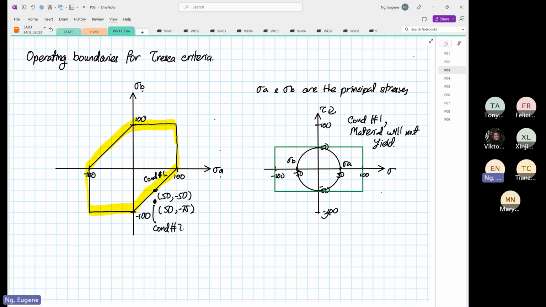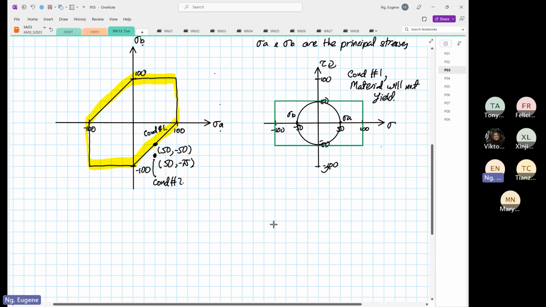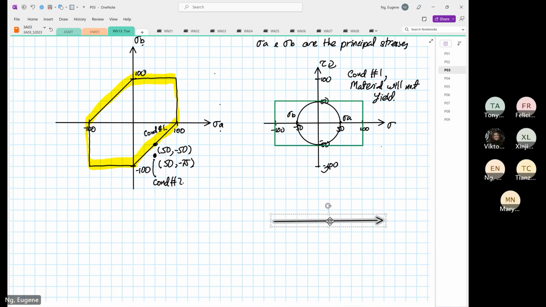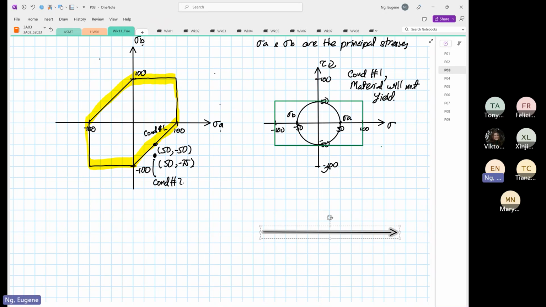So what you see now, we have drawn this earlier. Okay, so this is our, and then we have our vertical.